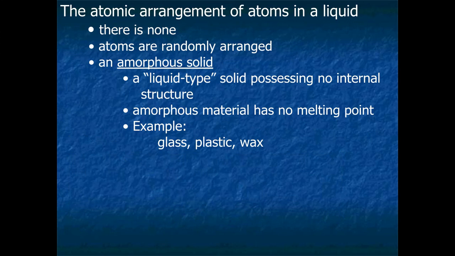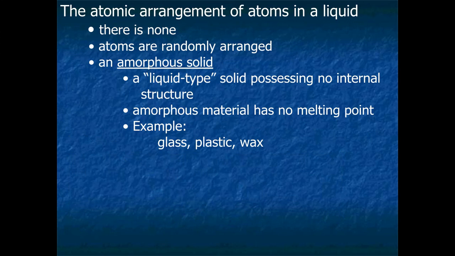Atoms are randomly arranged, and they don't display any kind of order or crystalline structure, as we discussed in the previous slides. So when we have a material that's solid but behaves as a liquid without an arrangement of atoms, we refer to this as an amorphous solid.